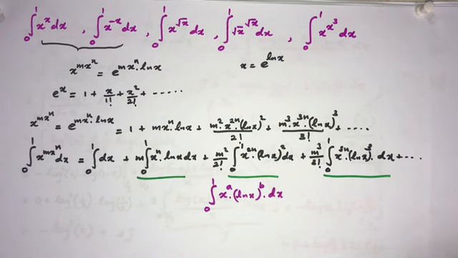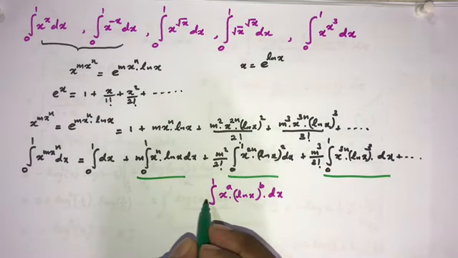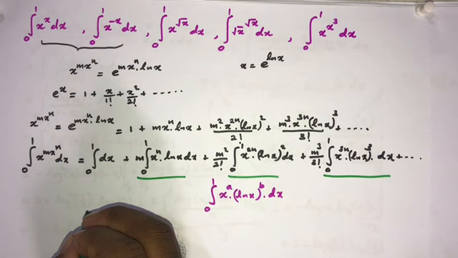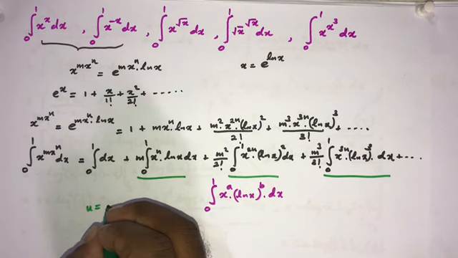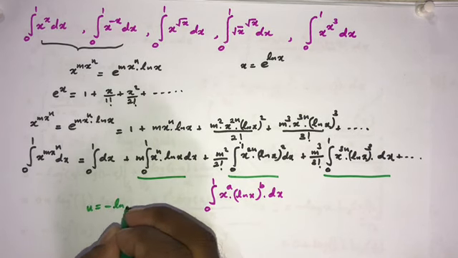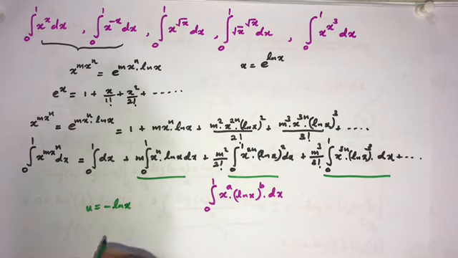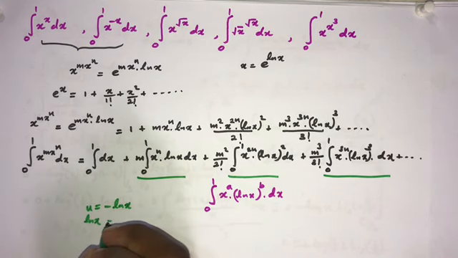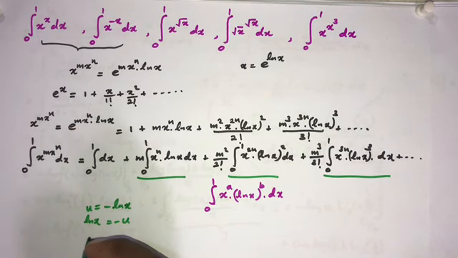For this integral, let u be equal to minus natural log of x. So natural log of x is equal to minus u, and x is equal to e to the minus u.